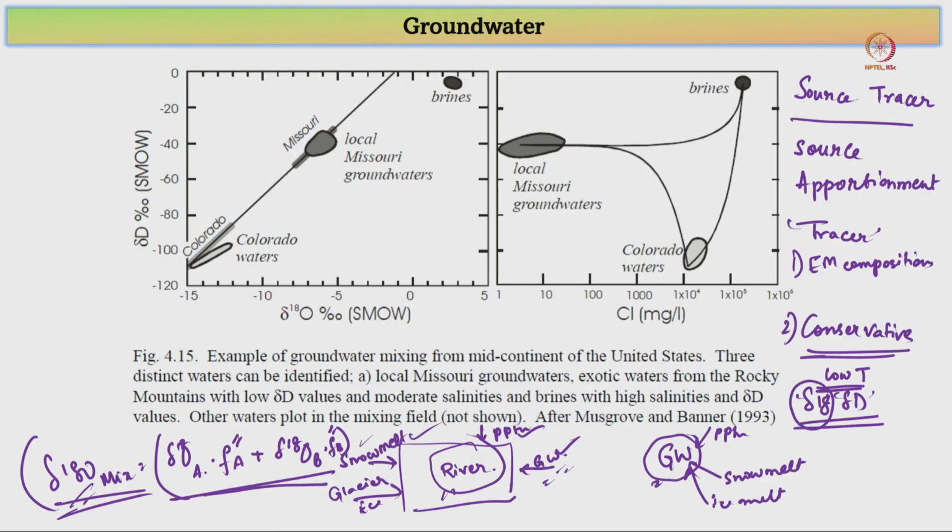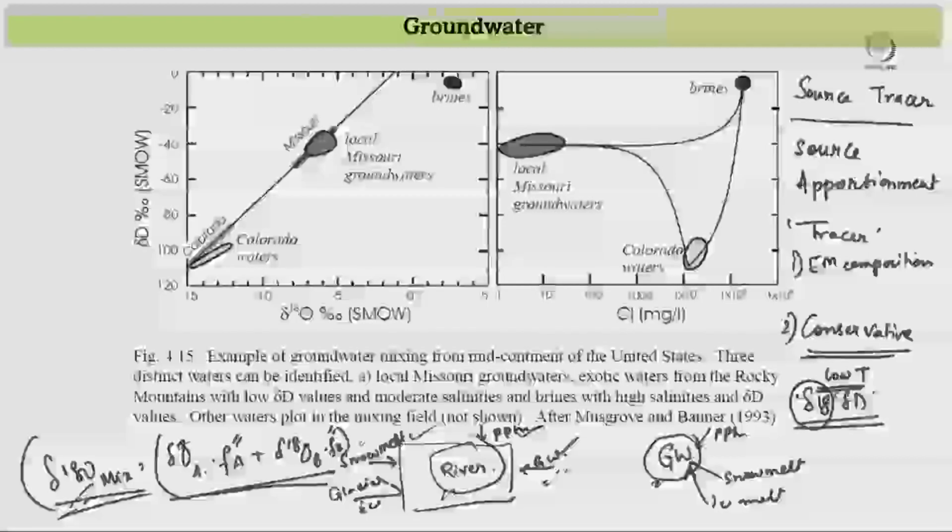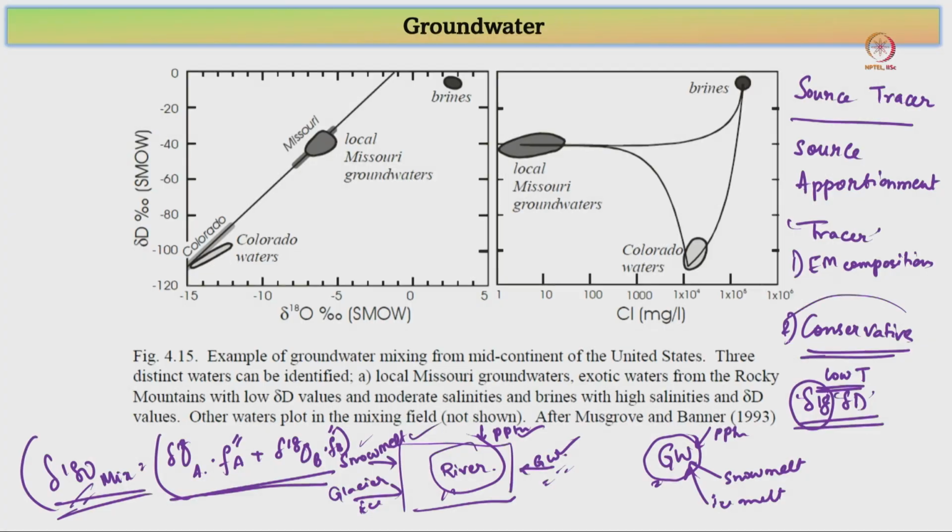That will correct any kind of small physical process related changes. Otherwise, delta 18O and delta D are extremely good conservative tracers. That is why they are applied as the major tracers to do source apportionment of water.